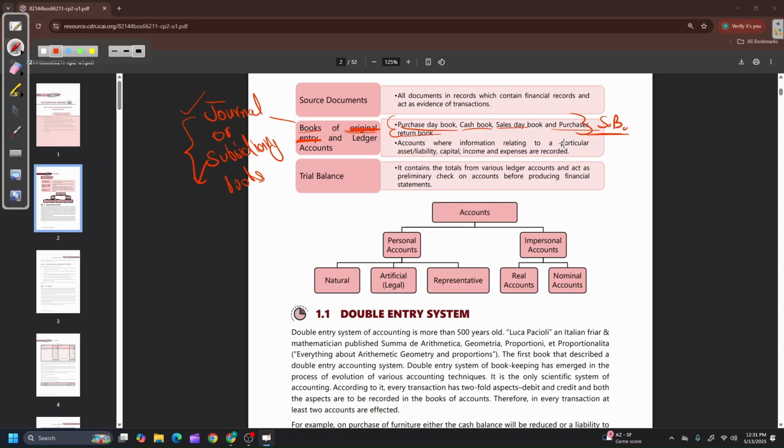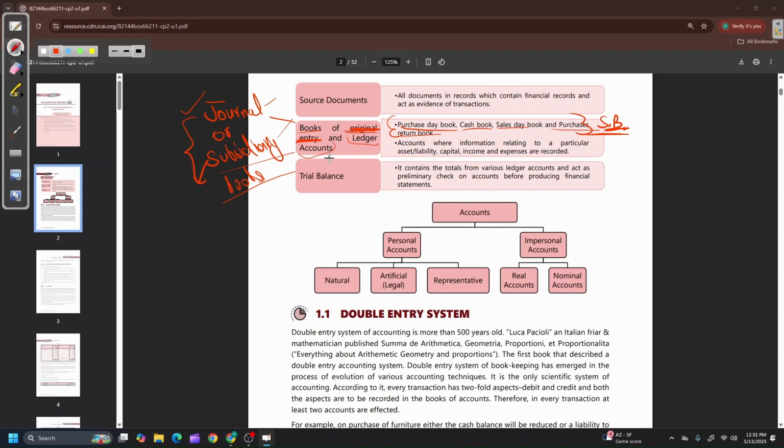Within subsidiary books we have different categorization. For now you don't need to get deep into it, because in later chapters we have a separate topic on subsidiary books, so we'll study it there. But just remember that you will use either subsidiary books or journal books. And types of subsidiary books are the purchase book, cash book, sales book, etc.